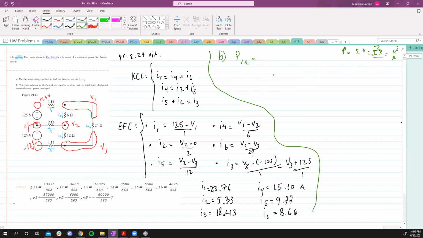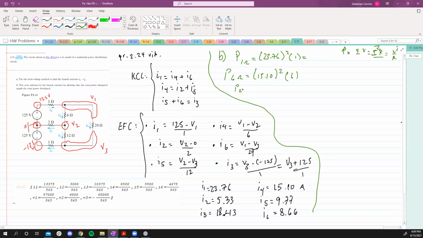All right, so the 1 ohm resistor, we know I1 is 23.76 squared times 1. I'm gonna go with the 6 ohm resistor. So we know I4, 15.10 squared times 6.